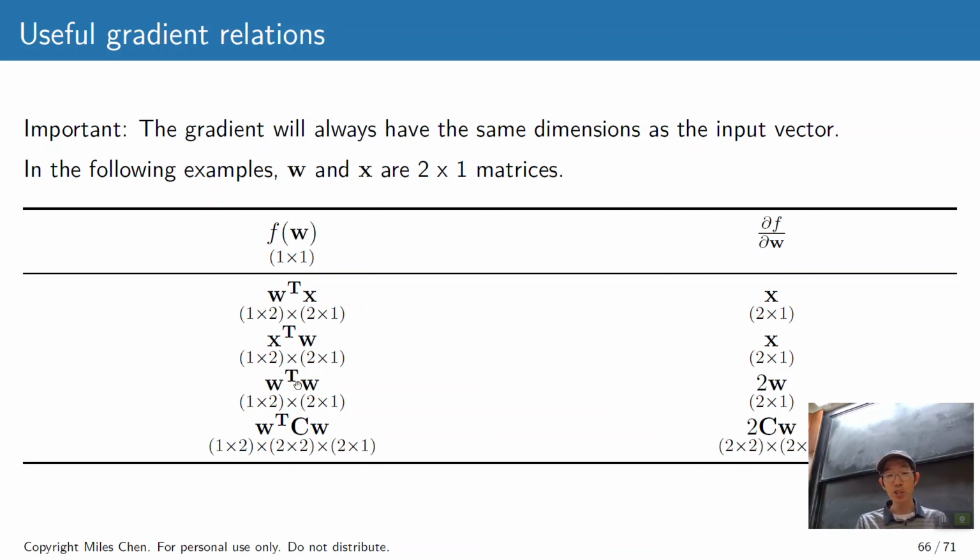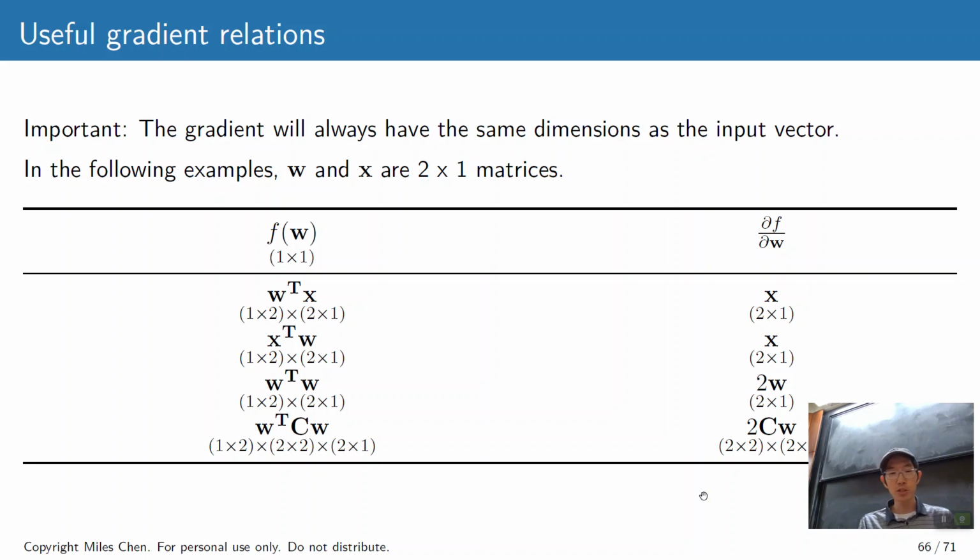If it's w transpose w, then our gradient is 2w. And if we have w transpose C w, with C being 2 by 2, w transpose being 1 by 2, and w being 2 by 1, then the gradient needs to be 2 by 1, and it's going to be 2Cw, C being 2 by 2 and w being 2 by 1.